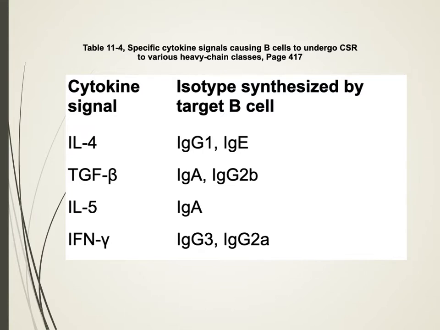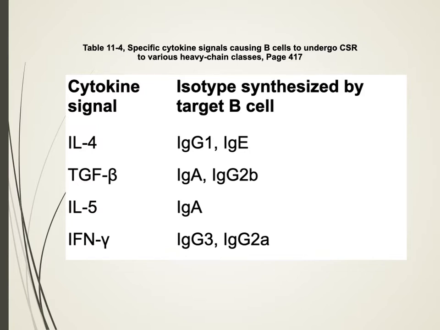So looking at some of the cytokine signaling, if we have IL-4 cytokine production and signaling, that would lead to an IgG1 or an IgE isotype switch. If we have TGF-beta, IgA or IgG2B, and IL-5 would lead to IgA, and interferon gamma would lead to an IgG3 or an IgG2A.